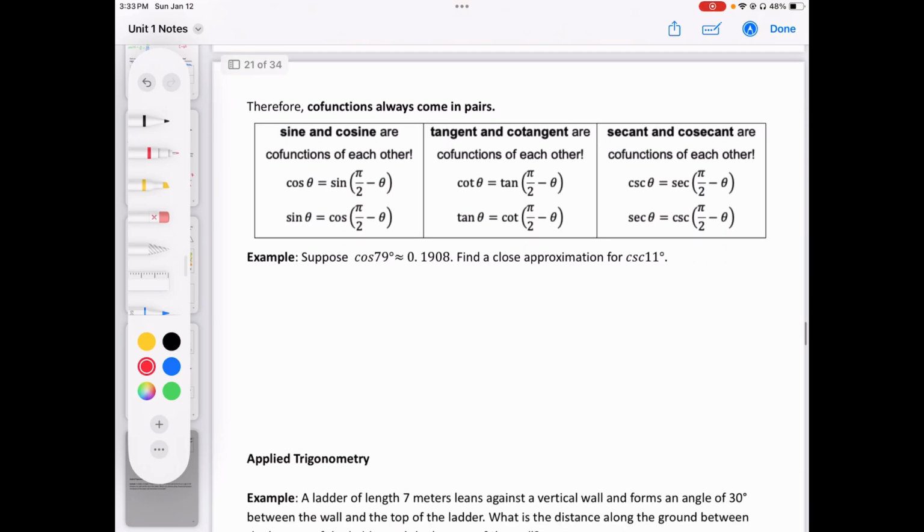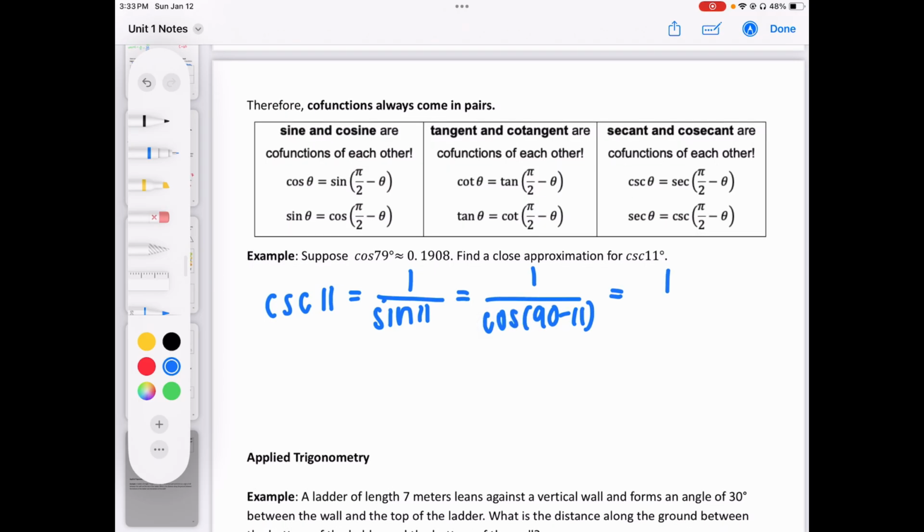Okay. So for example, consider that cosine of 79 is about 0.1908. We could find a close approximation for cosecant of 11 degrees using a cofunction identity. So for cosecant of 11, we could write that as 1 over sine of 11, right? Which can also be written as 1 over cosine of 90 minus 11, which is 1 over cosine of 79, which is what we just had earlier.